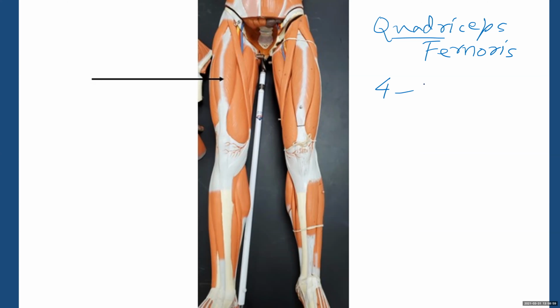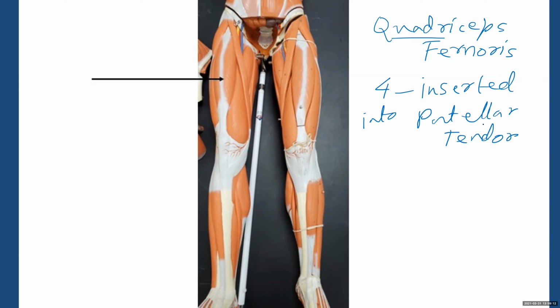They're all inserted into the patellar tendon, with the exception of rectus femoris, which has multiple insertions. So primarily, these are inserted into the patellar tendon, which is right here.